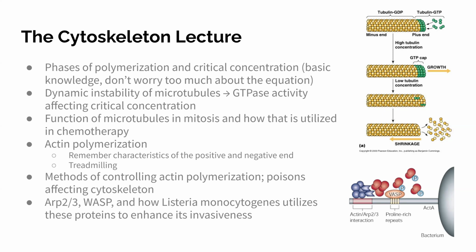Actually, sorry, in Listeria, WASP is not here. In the normal cell, you have WASP that's activating it. Here, when the Arp2/3 binds to the bacterium, it's both binding it and activating it. Okay, gotcha. And so it doesn't have an Arp2/3 molecule.